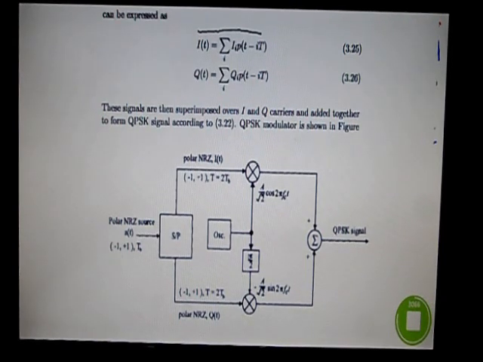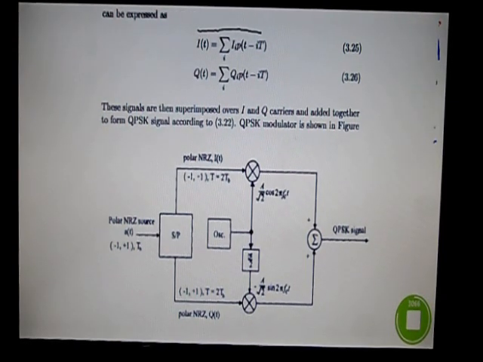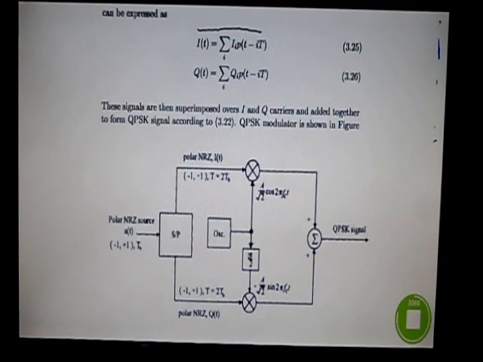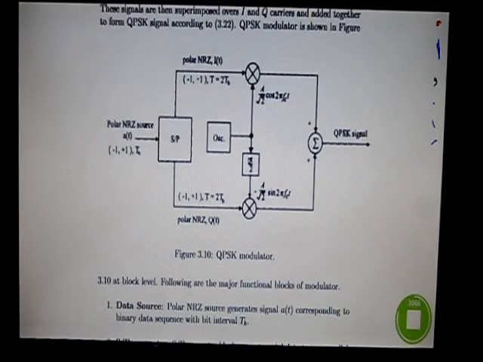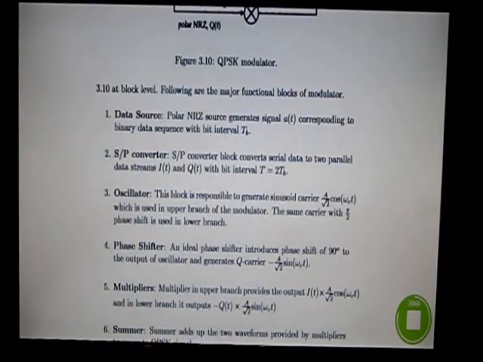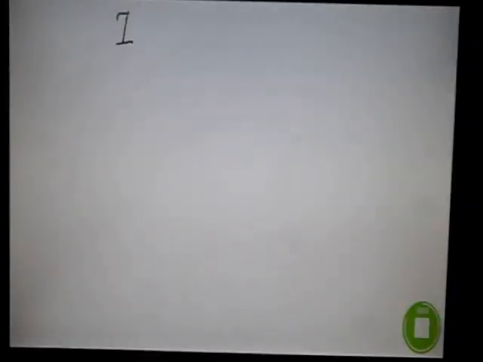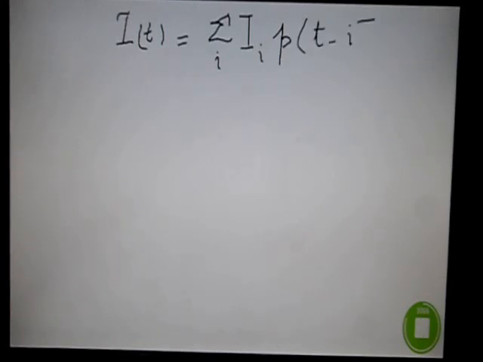What this 3.25 gives you is very important to note down, because you should be very clear about this notation. Let me write it for you. This is I of t, and the expression for I of t is a summation over all i of capital I sub i times p of t minus iT.